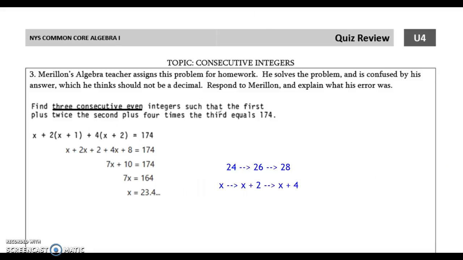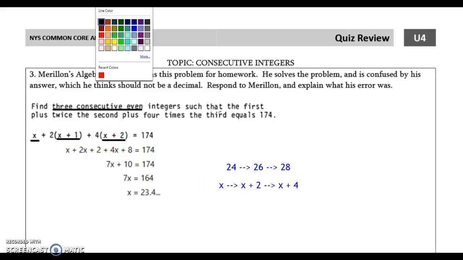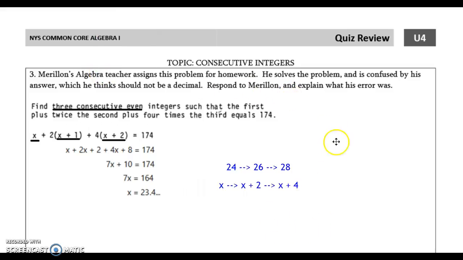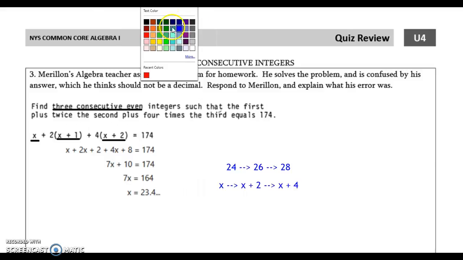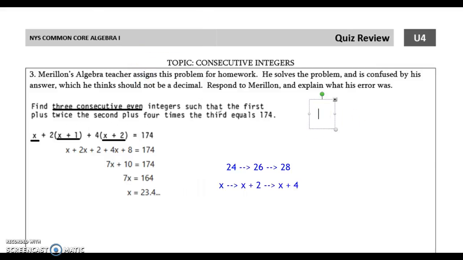I notice in Marilyn's setup, however, that they used x, x plus 1, and x plus 2. Your response to Marilyn would have to be that they didn't use the correct variables. They used x plus 1 and x plus 2, whereas they should have used x plus 2 and x plus 4. Here's the response.